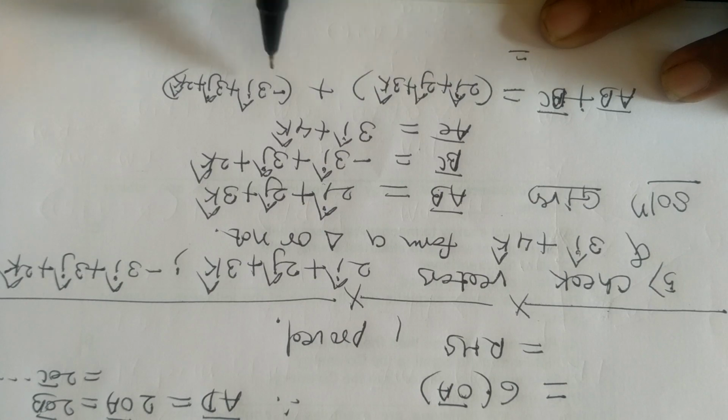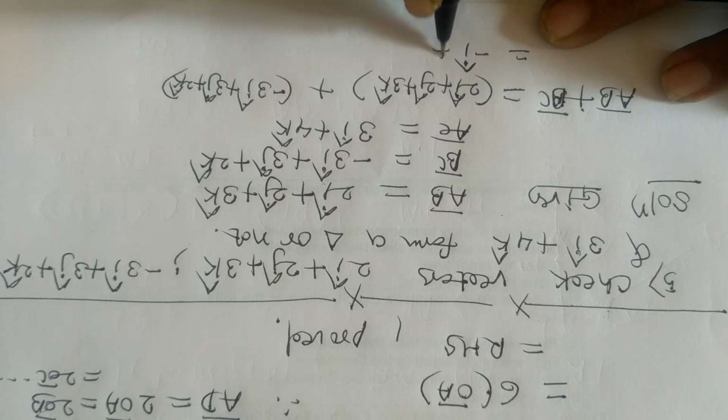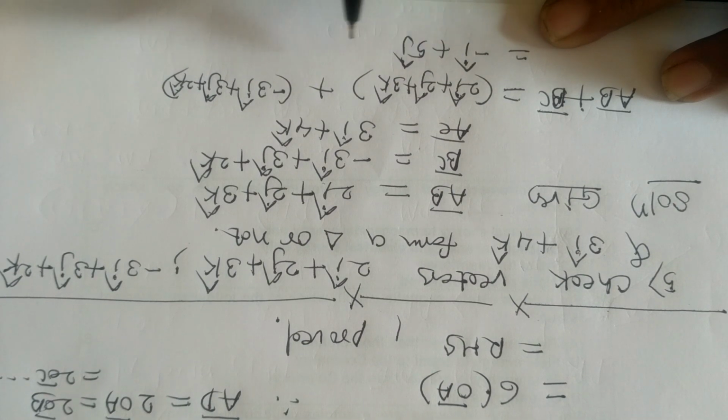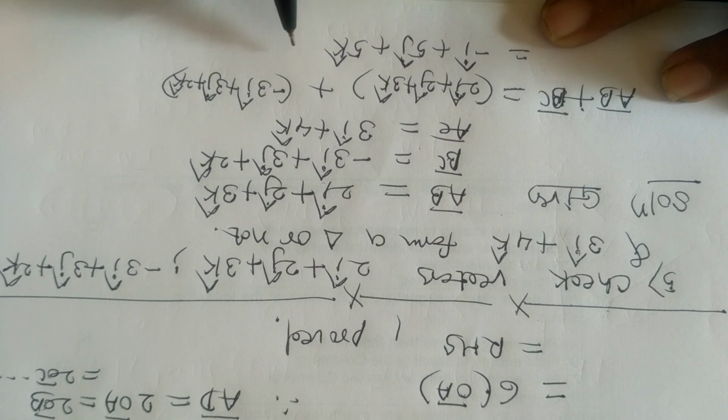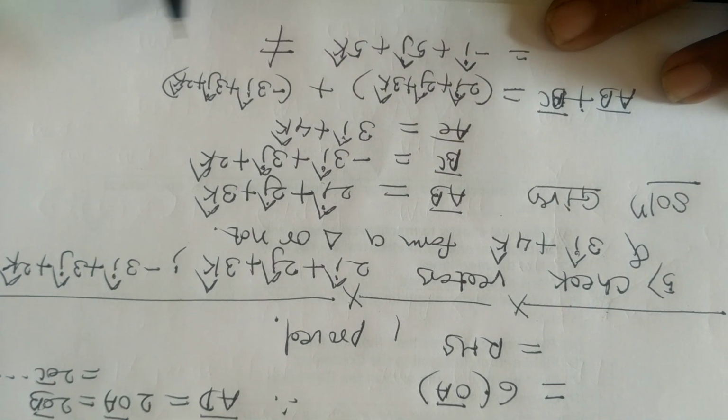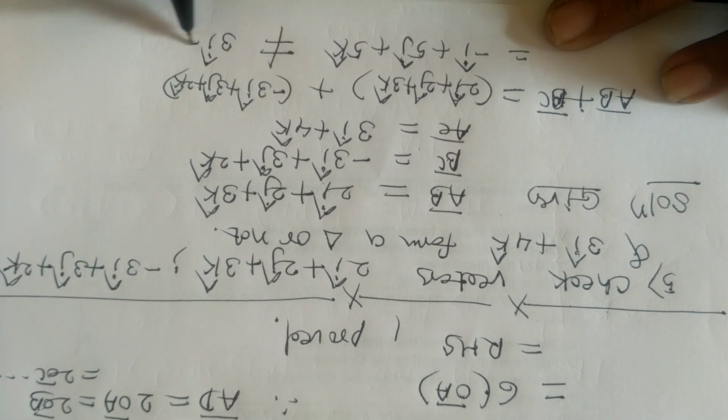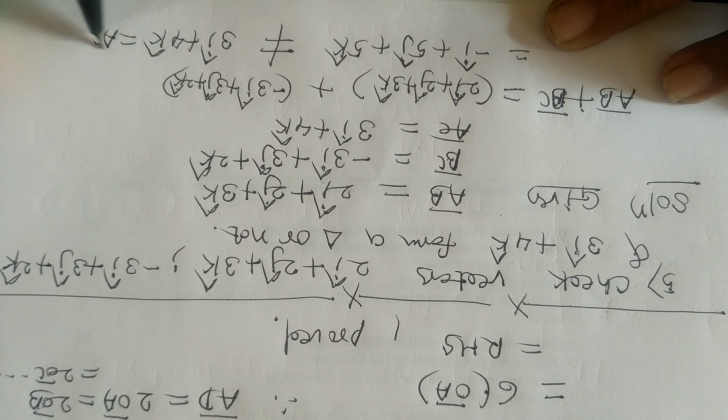This 2i cap and minus 3i cap give minus i cap. This 2j cap and plus 3j cap give 5 times j cap. 3k cap plus 2k cap gives 5 times k cap. Now this is not equal to the vector 3i cap plus 4k cap, which is AC bar.